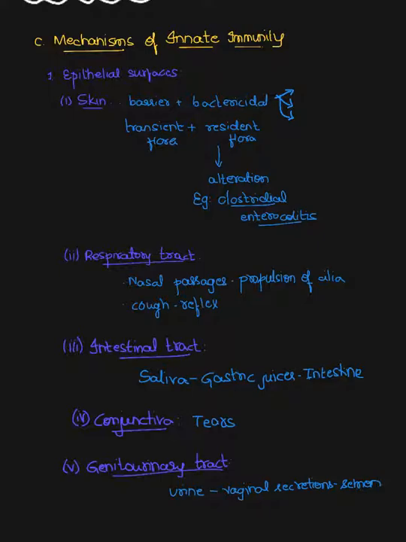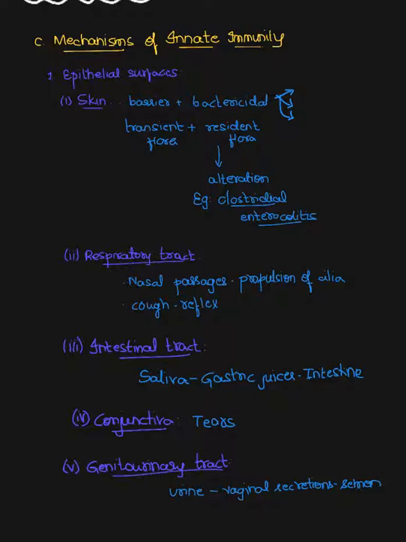And coming to the fourth one, the conjunctiva. Here the tears secreted from the eyes are responsible for bactericidal action, and the lysozymes are mainly bactericidal in nature. Okay. And the urinary tract: the acidified urine is responsible for the elimination of bacteria from the urethra, and so are the vaginal secretions.